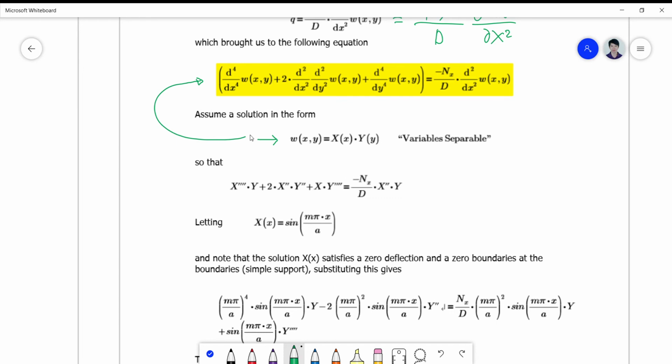The assumed solution is simply the product of the individual solution for the x variable and the y variable. So what we are going to do now is to substitute the derivative of this solution into the governing differential equation.